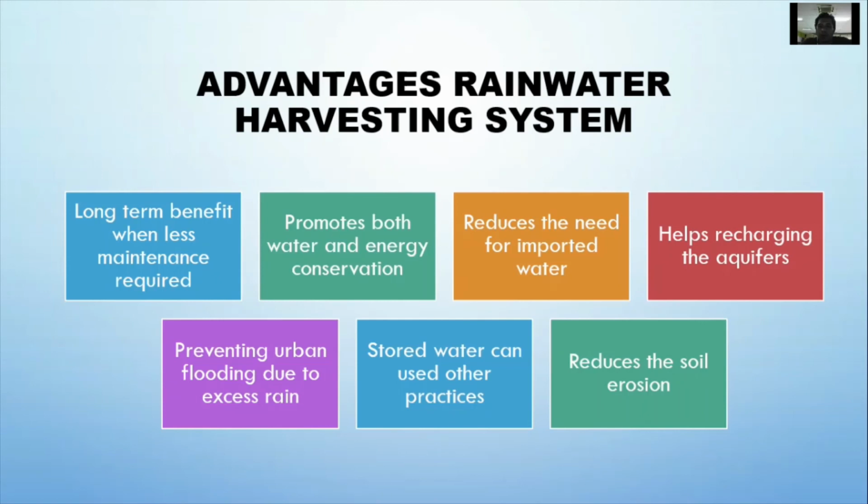Four, it helps recharge the aquifer, preventing urban flooding due to excess rain. Stored water can be used for other purposes. And lastly, we can reduce soil erosion in areas of excess rain.